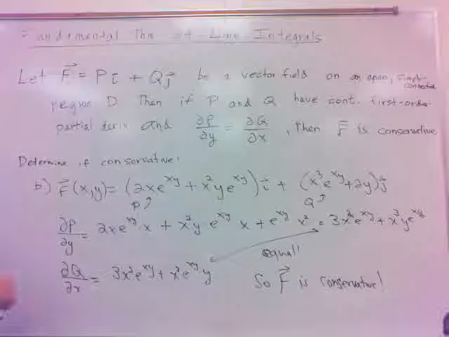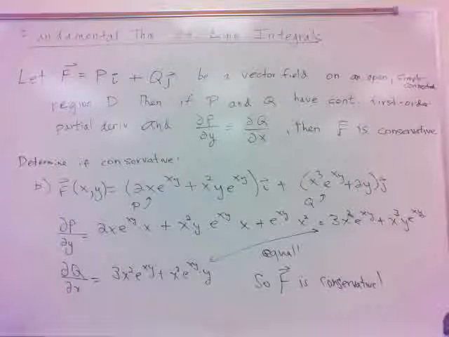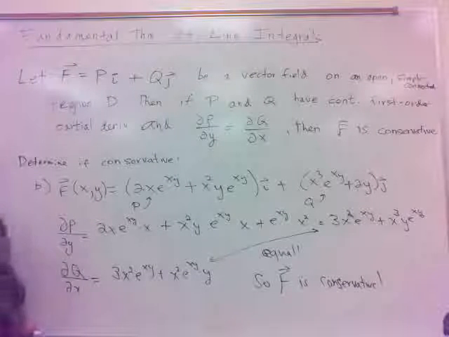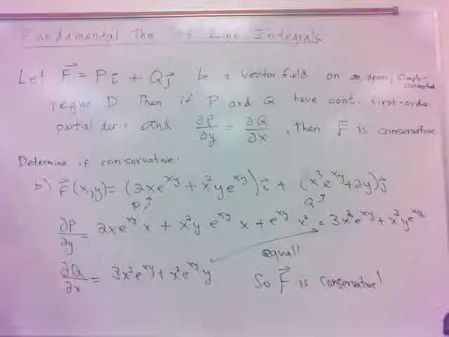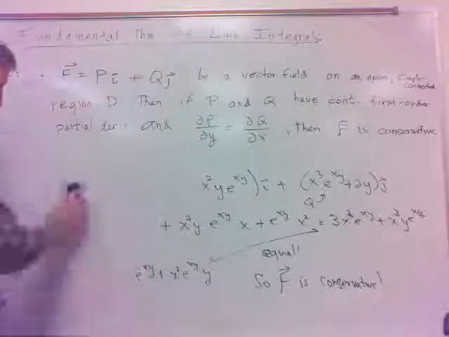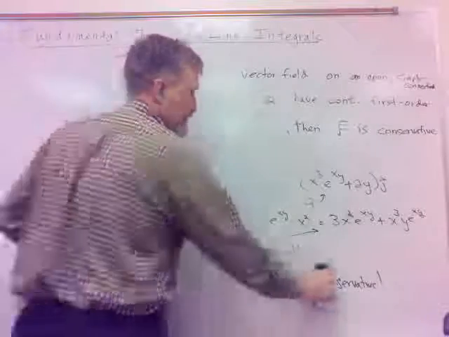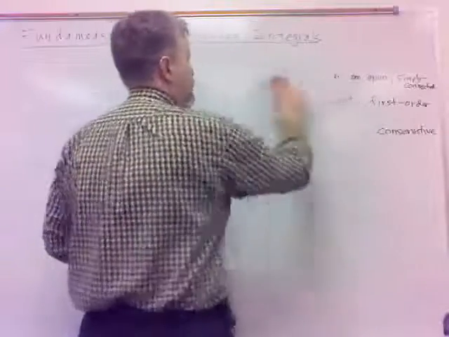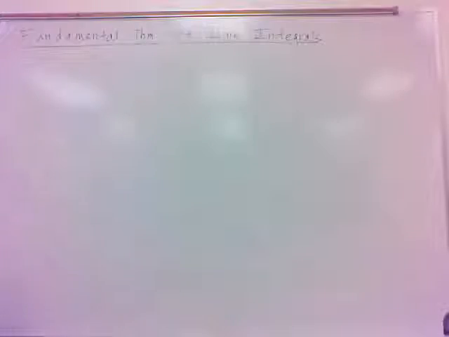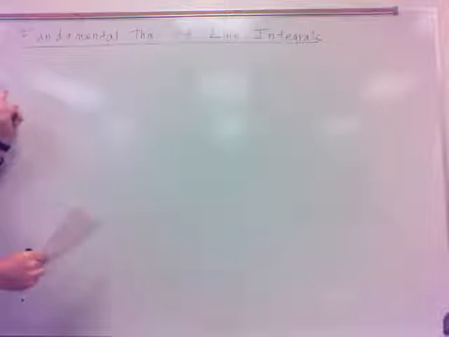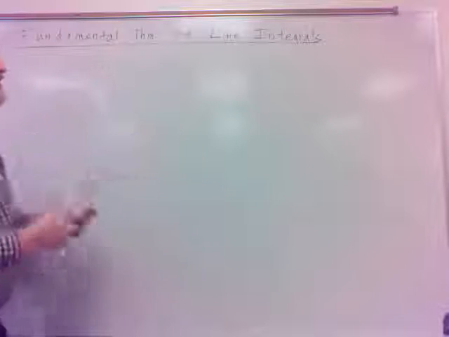Now the question is, if we have a conservative vector field, it's easy to evaluate the line integral for that conservative vector field, because all you have to do is the potential function at the terminal point minus the potential function at the initial point.